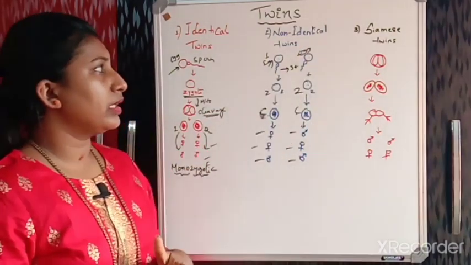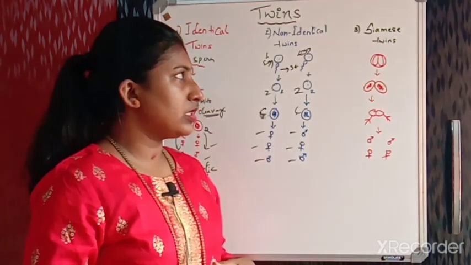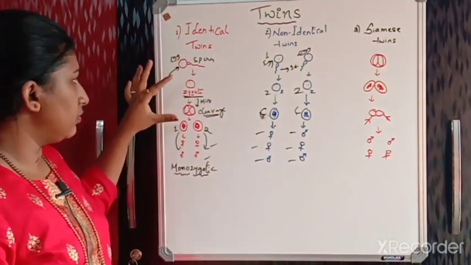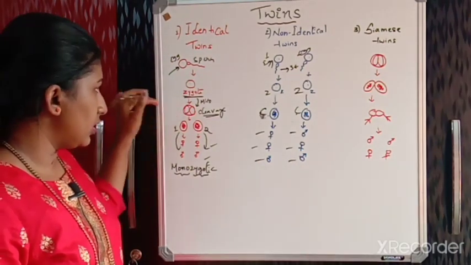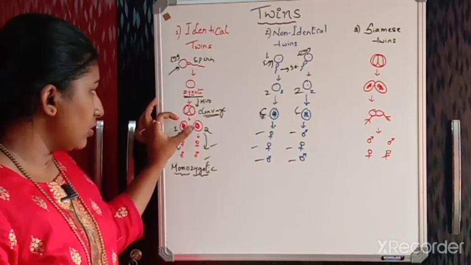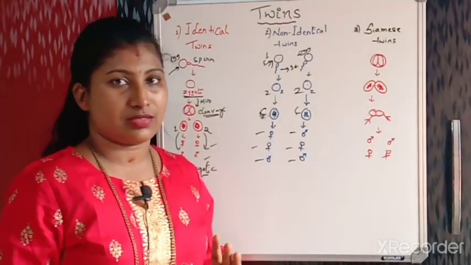So the third one is Siamese twins. Siamese twins are actually like normal identical twins, but in the middle of the process, the separation of the zygote during cleavage occurs only partially.